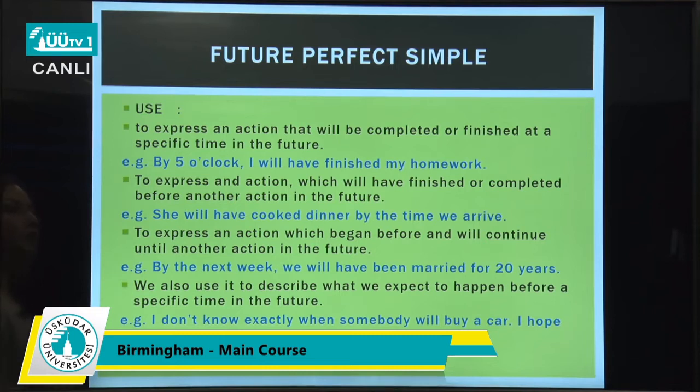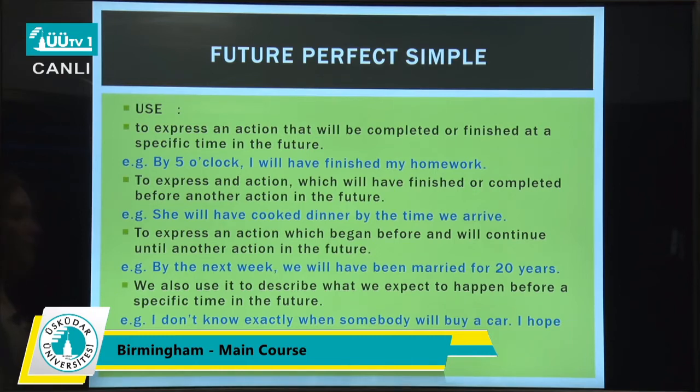Another one is to express an action which will have finished or completed before another action. So, if we want to talk about a finished action before another action in future, we use future perfect. She will have cooked dinner by the time we arrived.